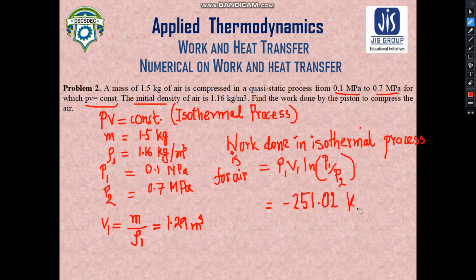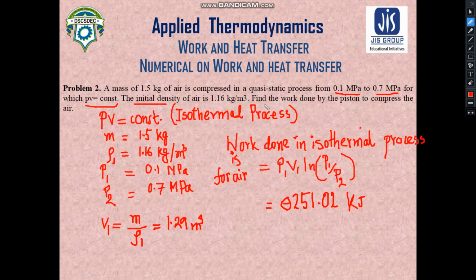This is in kilojoules. Now see, the answer has come in terms of minus. So this minus is very important. So the work done by air is minus 251.